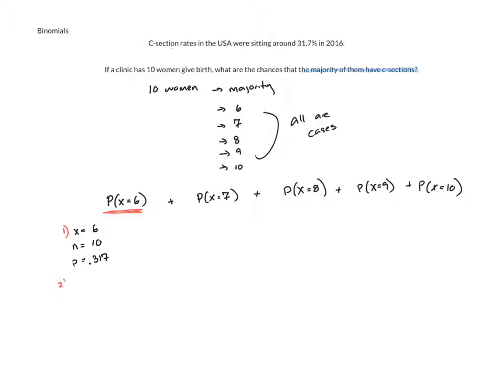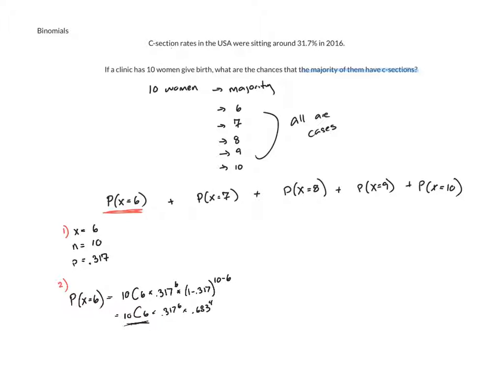So when I go to plug into my formula then, I'll have the probability that I have 6 of them having a C-section is equal to 10 choose 6 times 0.317 to the 6th times 1 minus 0.317 to the 10 minus 6. Simplifying this before I plug it in, then I'd have 10 choose 6, times 0.317 to the 6th, times 1 minus 0.317, which should give me 0.683 to the 4th.